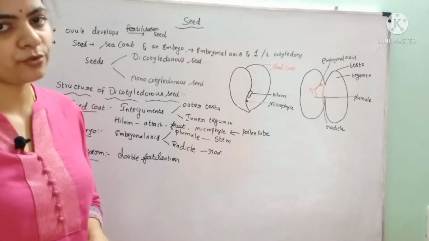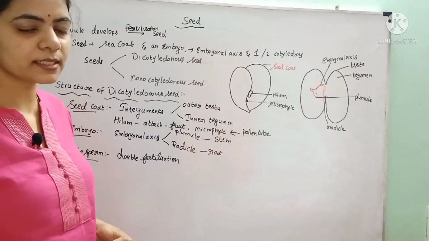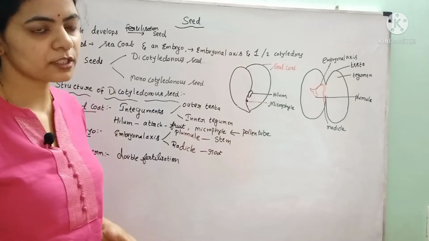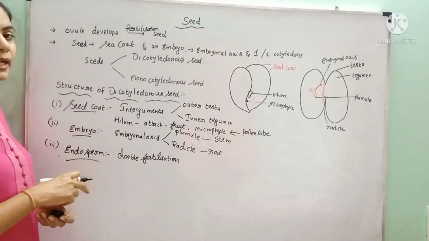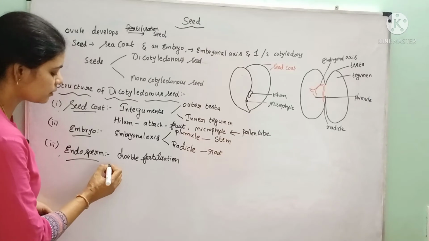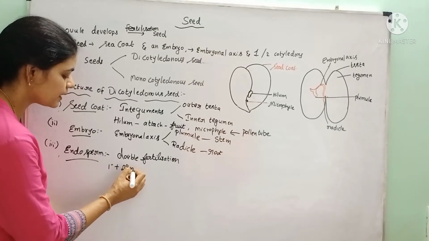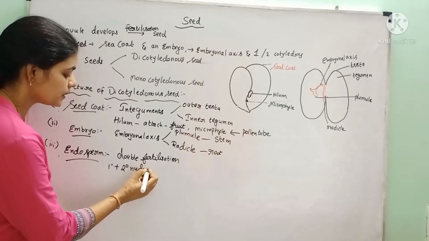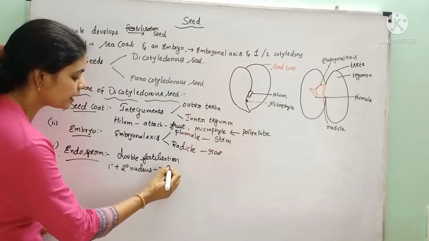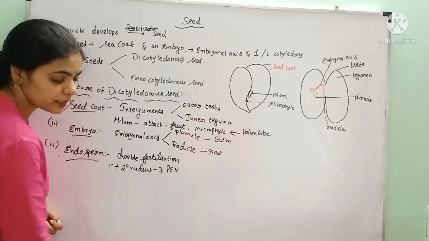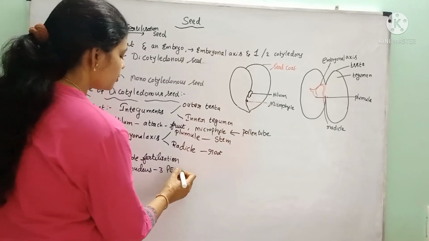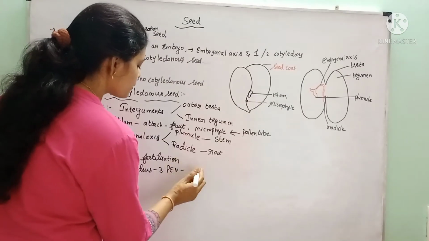One male gamete fuses with the egg nucleus, resulting in the zygote, and the other male gamete fuses with the secondary nucleus, resulting in a triploid primary endosperm nucleus. That primary endosperm nucleus will develop into the endosperm.